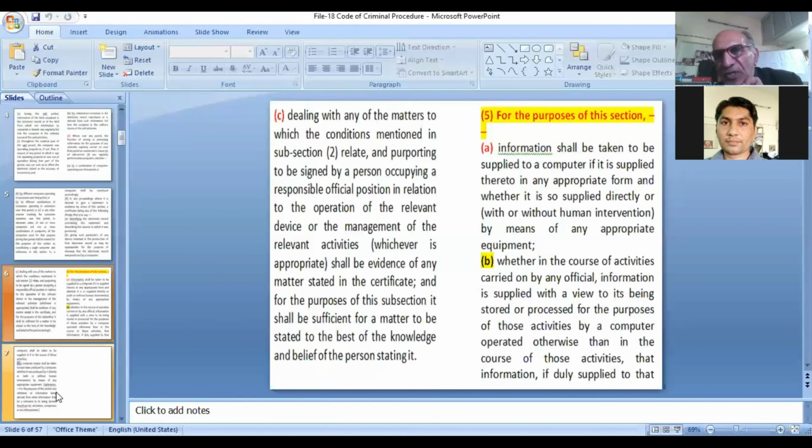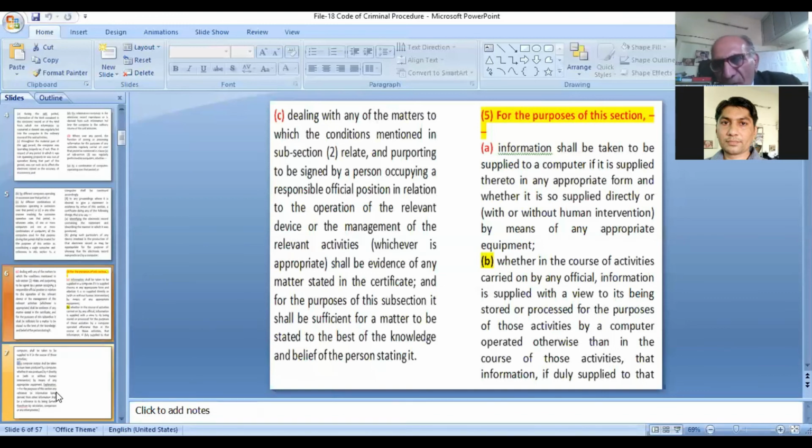A, information shall be taken to be supplied to a computer if it is supplied there in any appropriate form, and whether it is so supplied directly or with or without human intervention by means of any appropriate equipment.